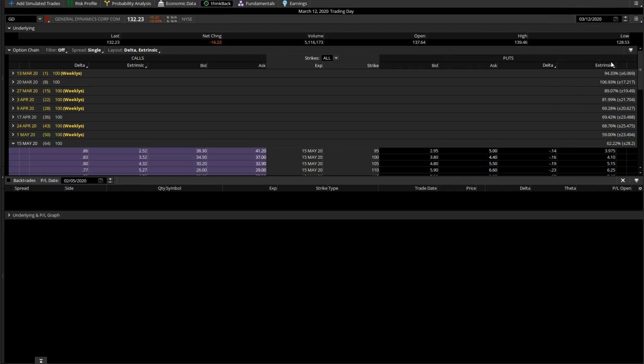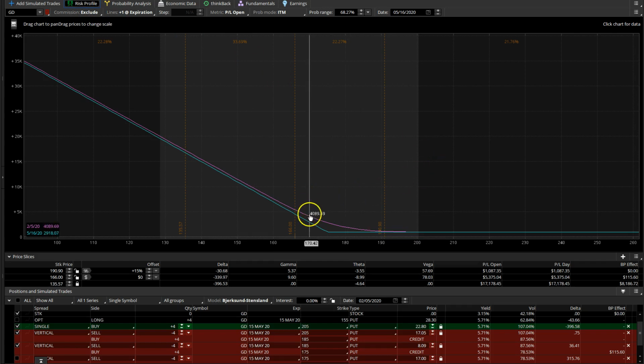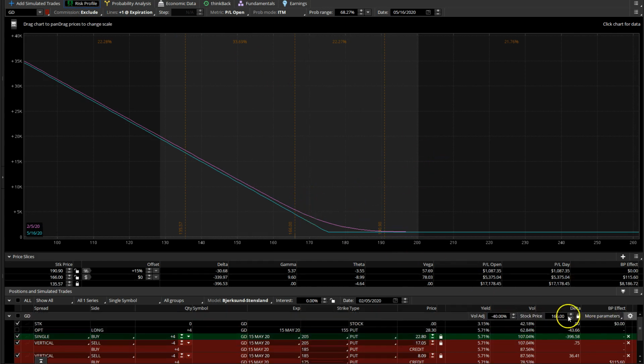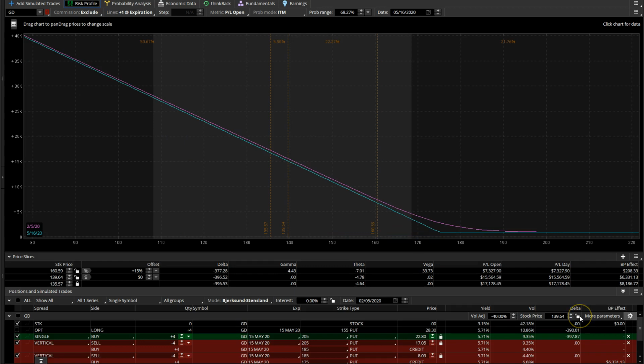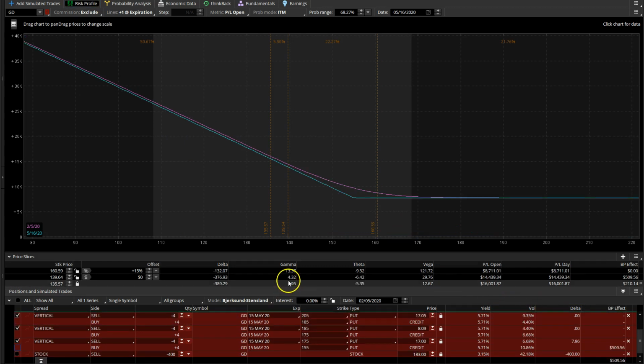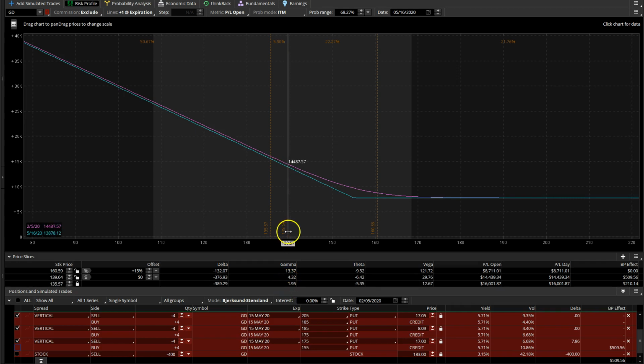This was last week, and of course we got an 11% down move, and this is where we are right now. So the stock price was around here. What I did is I rolled down again the put price, and now even if we get a big move to the upside, I am guaranteeing a 7,000 profit.